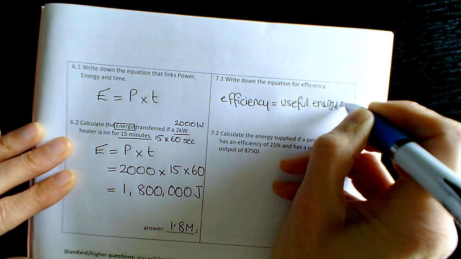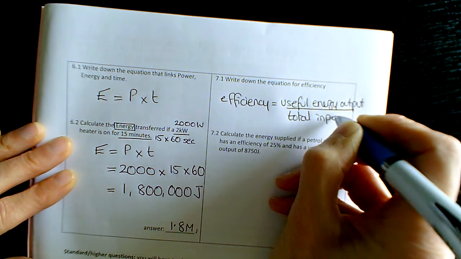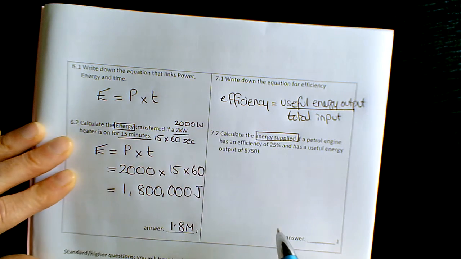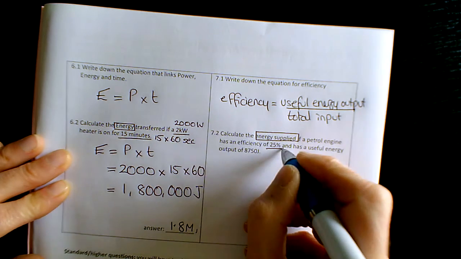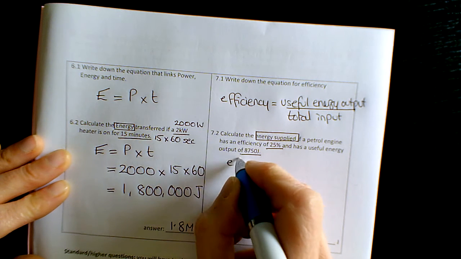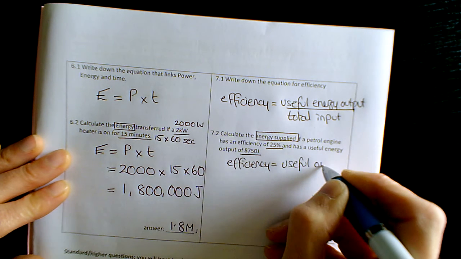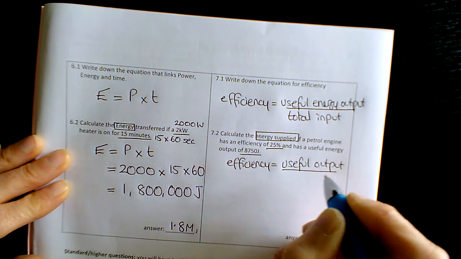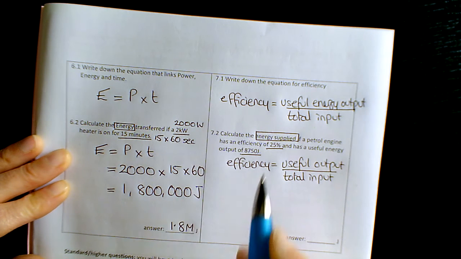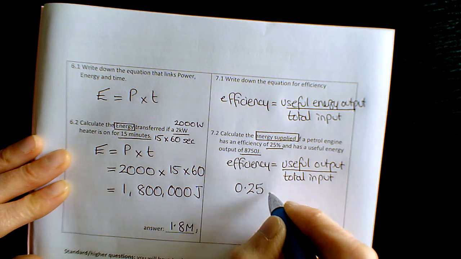So your efficiency is useful output divided by the total input. Your efficiency is 25%. But you don't write that as a percent, you convert it to a decimal. So you write 0.25 equals, the useful energy output is 8750 divided by the total input, which is the same as the energy supplied. And so to work out the total input, you've got to rearrange this equation.